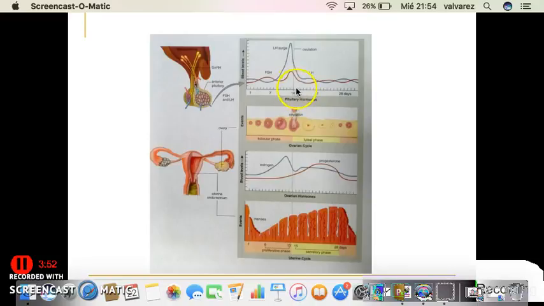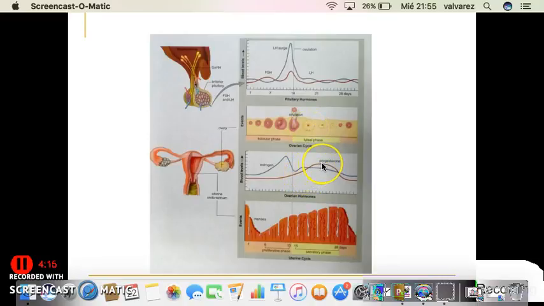Okay, at the very same time, what's going on at the level of the uterus in women? By day 14, or around day 14, we see that the progesterone produced by the corpus luteum is now surging.